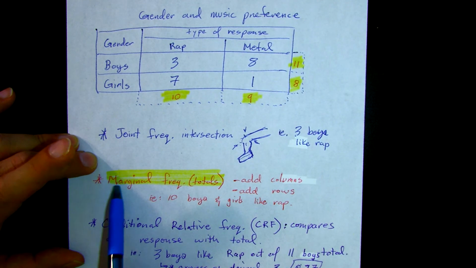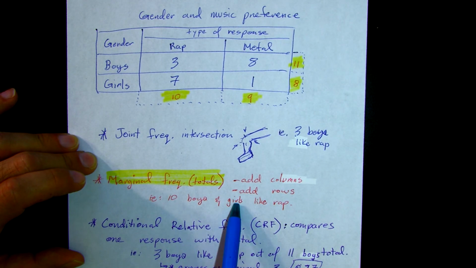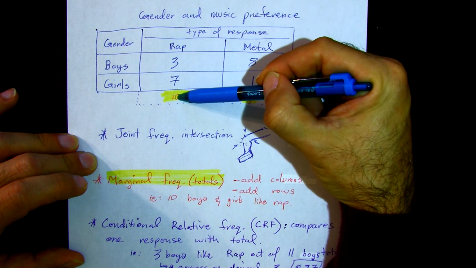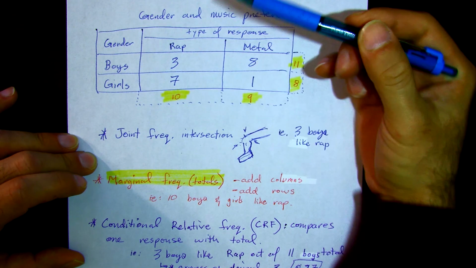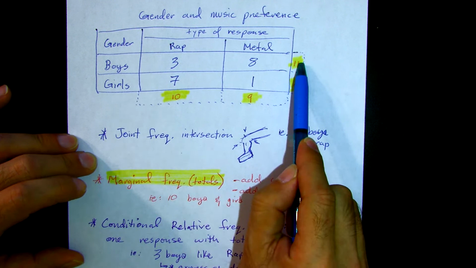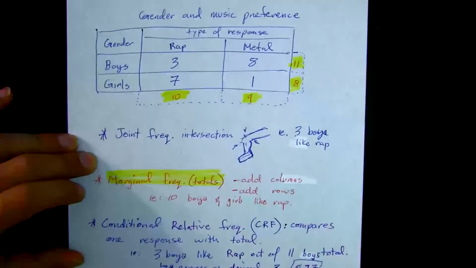An example is there's 10 boys and girls who like rap. Rap: 3 boys, 7 girls. There's 10 students. You could also say there are 11 boys, or there are 8 girls. Those are also marginal frequencies.